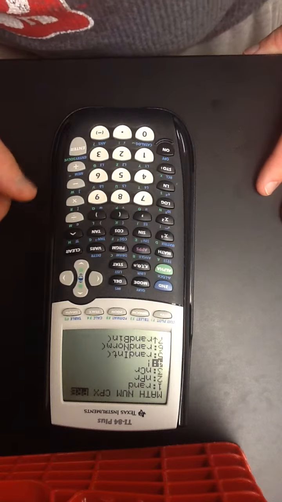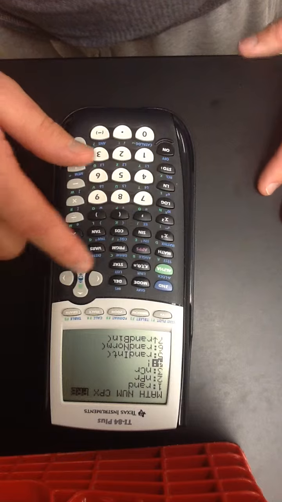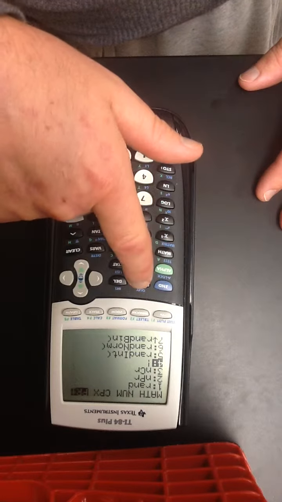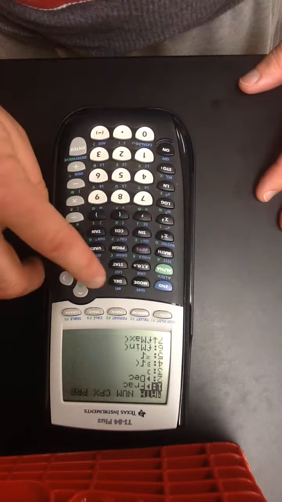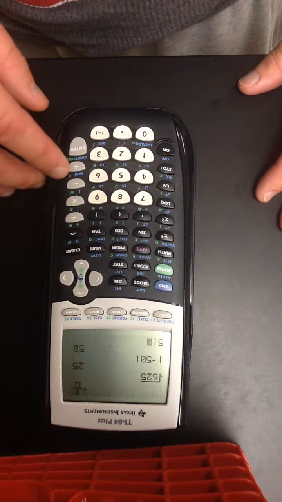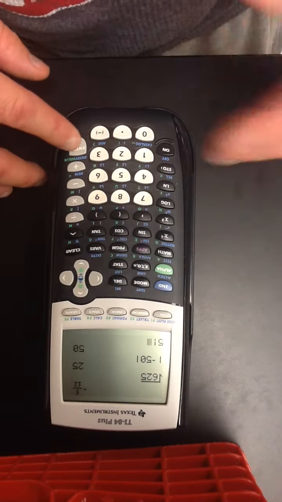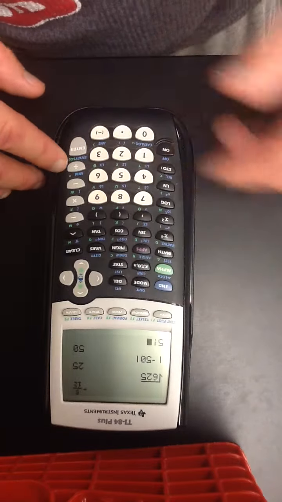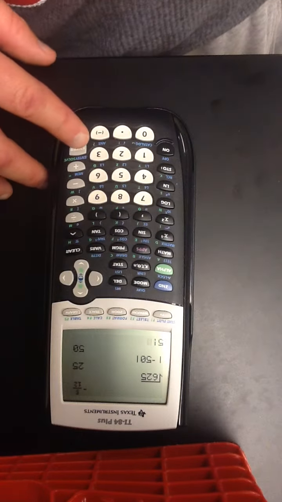The exclamation point means factorial. So, say I go out of here, so you hit second and quit to get out of anything. Say I hit 5, then the math menu, I go over to probability, and I hit factorial. What that means is 5 times 4 times 3 times 2 times 1. Whatever number you put in, factorial means multiplying every number all the way down to 1.